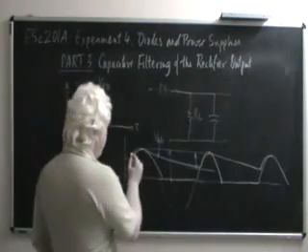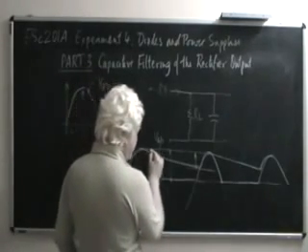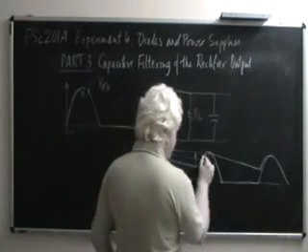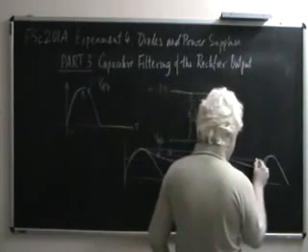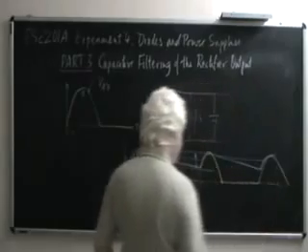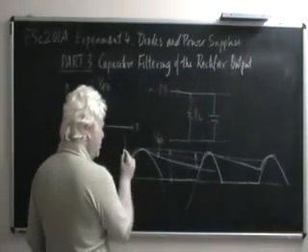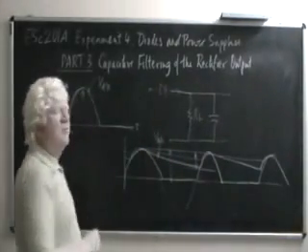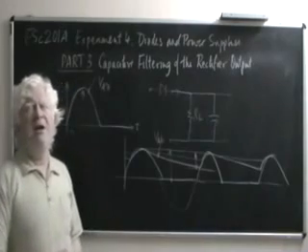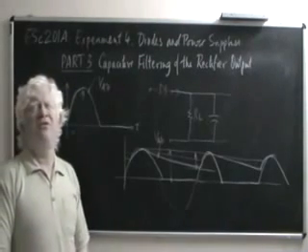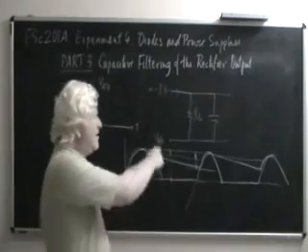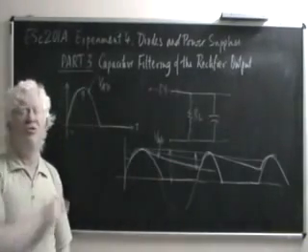And so you might get a waveform that looks like this. And it would also be here like this. So depending upon how large the capacitor is, it gets less and less wavy, more and more constant.